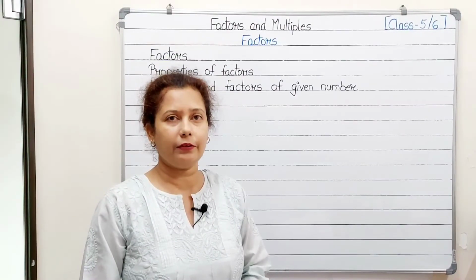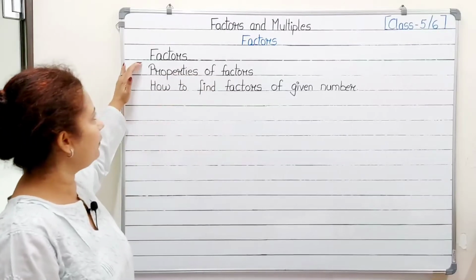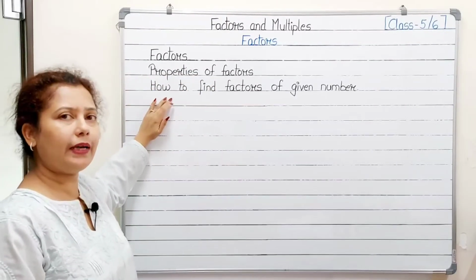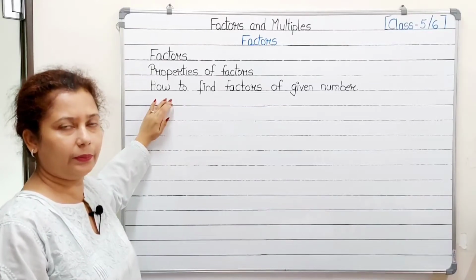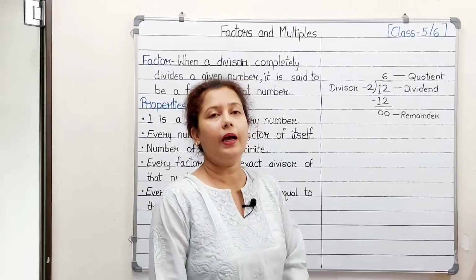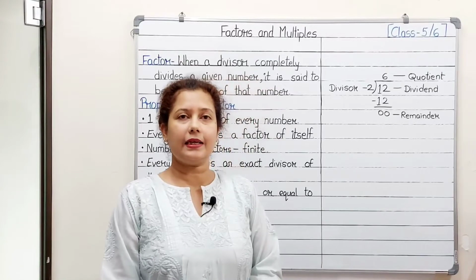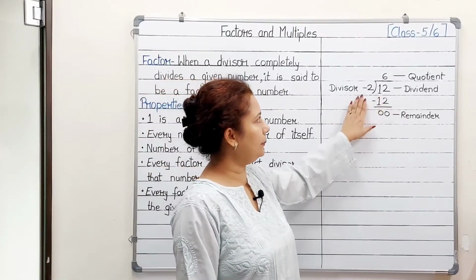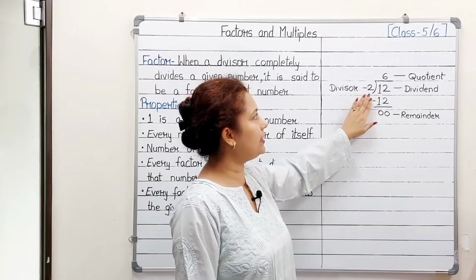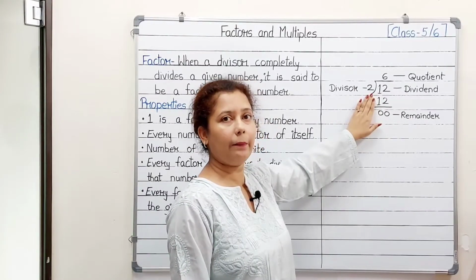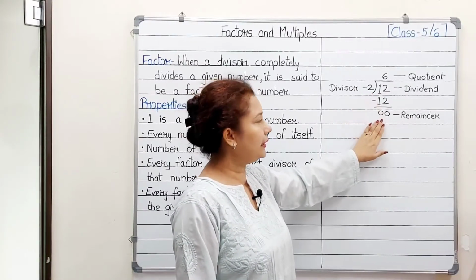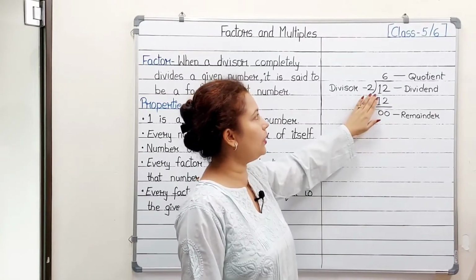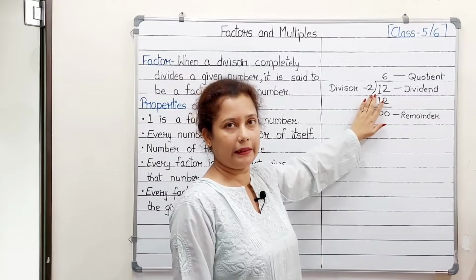In this video, I will be explaining what factors are, properties of factors, and how to find factors of a given number. Now, we will understand what factors are. When we are dividing a number, a divisor which divides the number completely, leaving 0 as a remainder, is called a factor of that number.